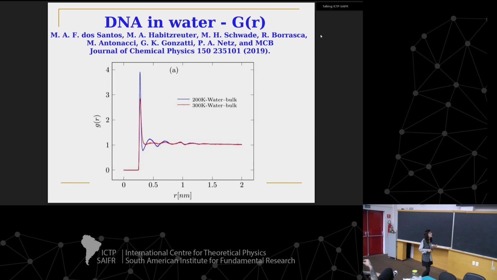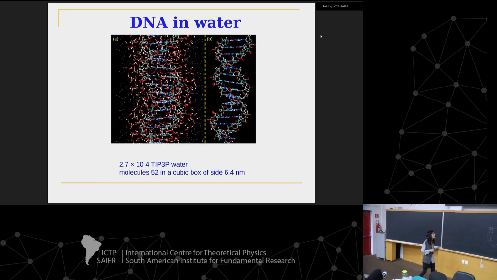Again, we are going to decide what "within" means, taking the radial distribution function, cutting it after the first peak distance, and using this as a distance in this direction, okay? Making like a box here, and looking at the water here.